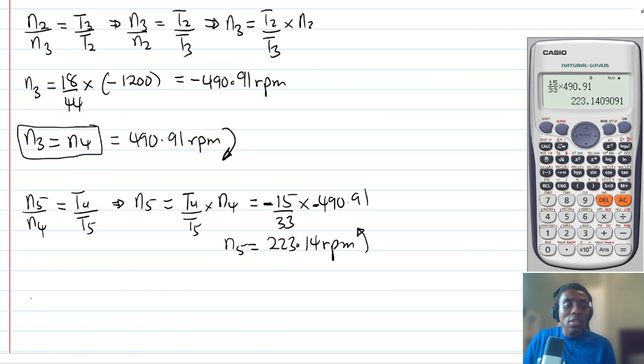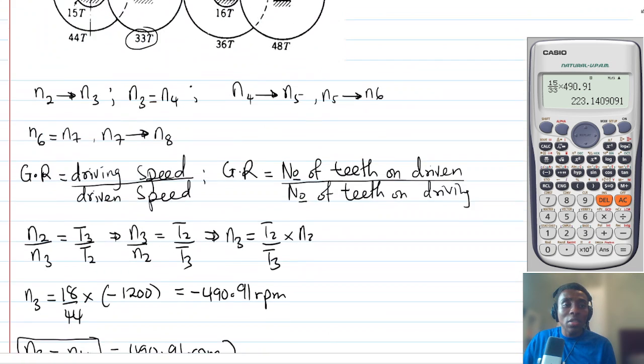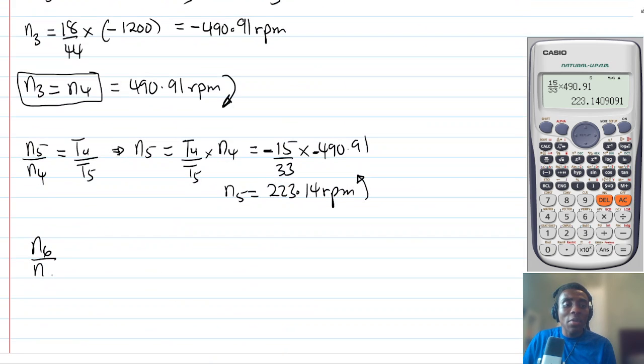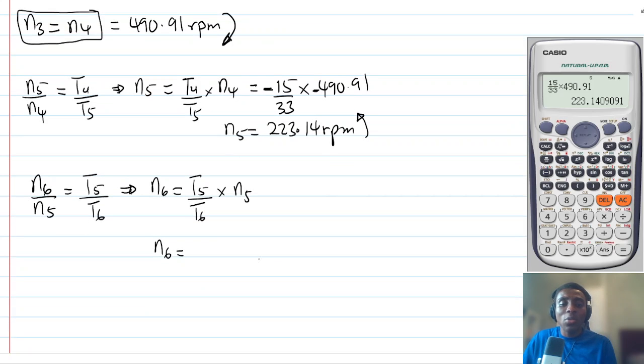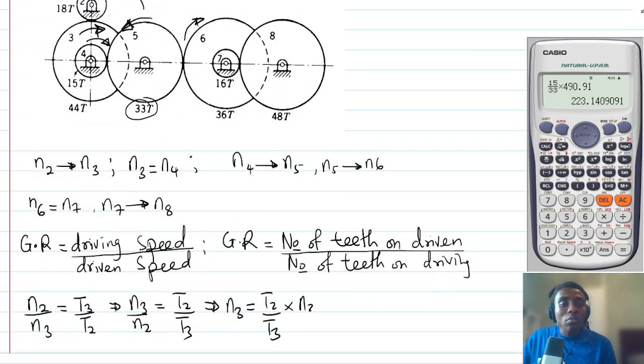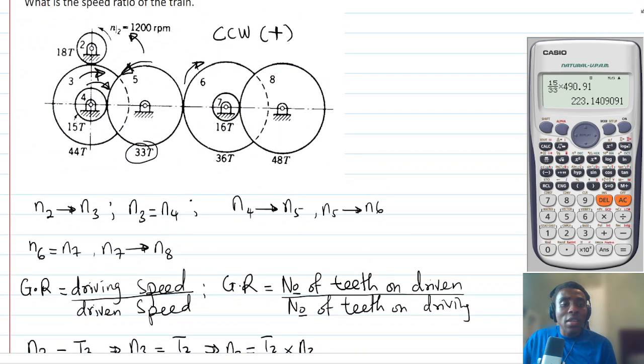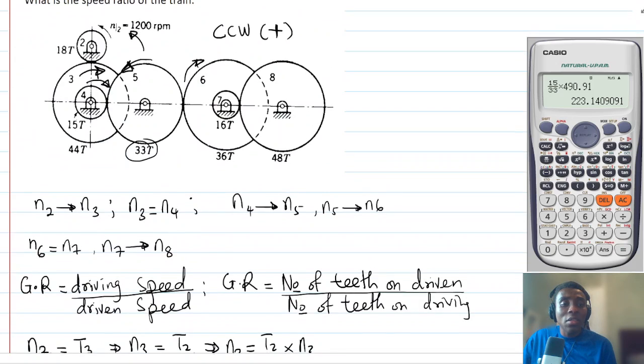Okay, so let's do that for 6. N6 over N5 should be equal to T5 divided by T6. So N6 is going to be T5 divided by T6 multiplied by N5.